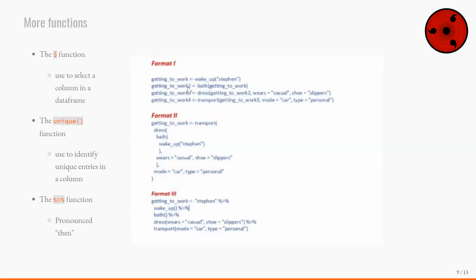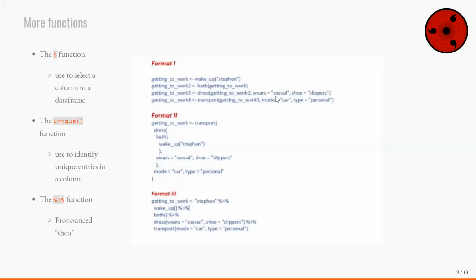And I'm saving that as an intermediate called getting_to_work_2. So getting_to_work_2 is Stephen that is awake and has had his bath. And then that Stephen needs to dress up, wear casual, and put on slippers. I'm assigning it to getting_to_work_3. And then that Stephen that is awake, has had his bath and dressed up, has to transport to work.